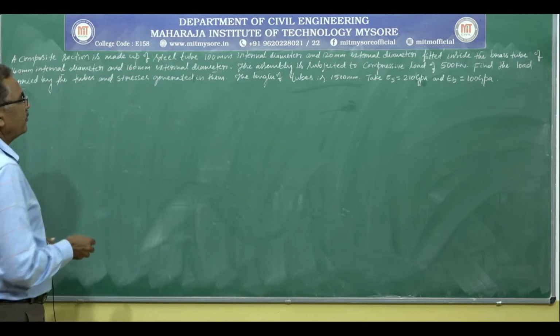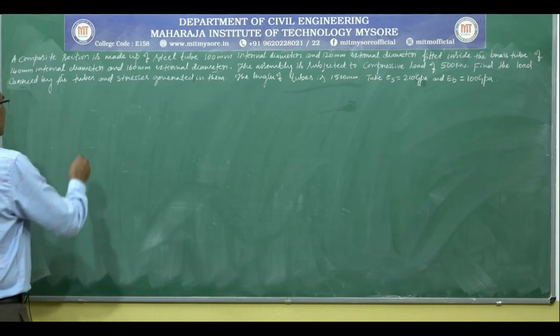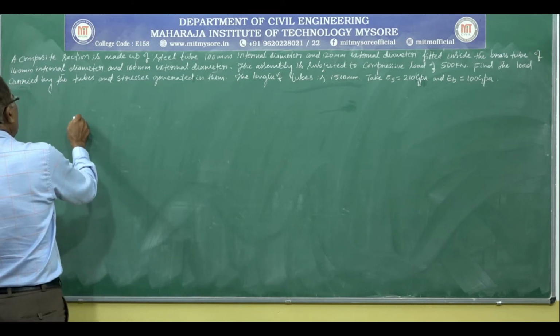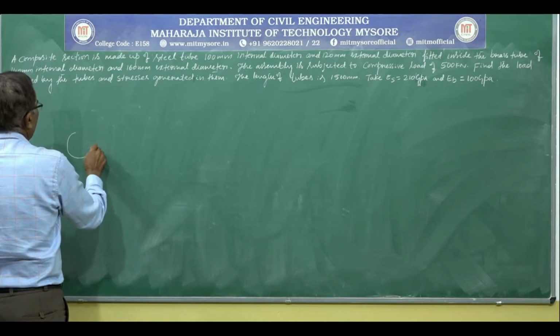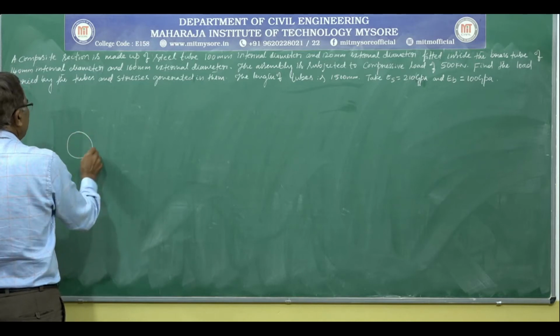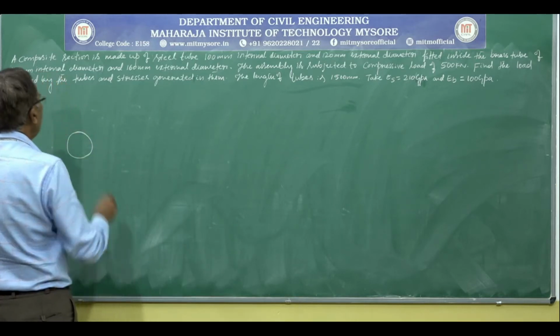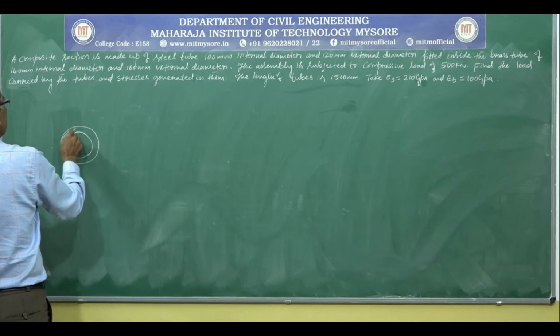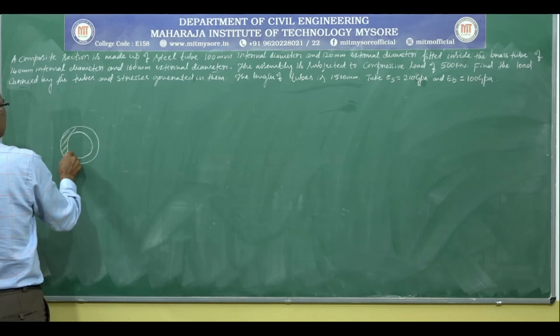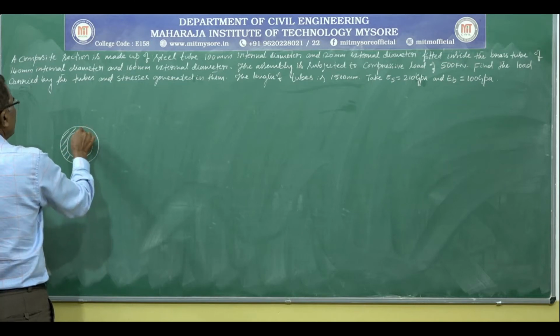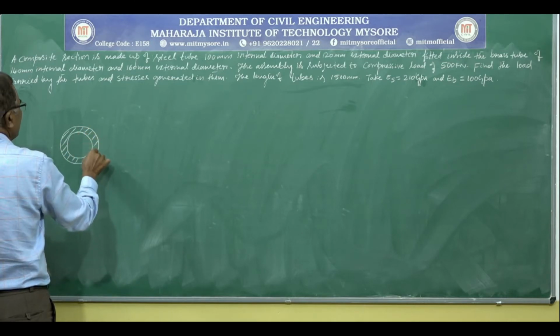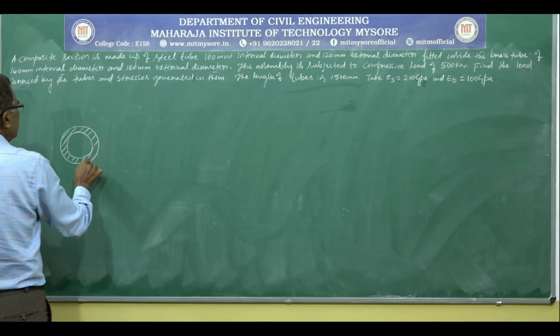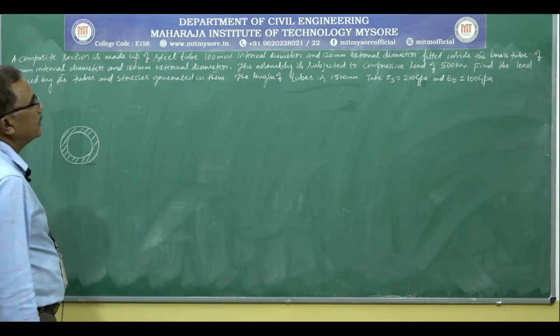Let us draw the figure for this condition first. A steel tube 100 millimeter internal diameter and 120 millimeter external diameter. This is steel tube. If you consider cross section of the tube, it will be like this.